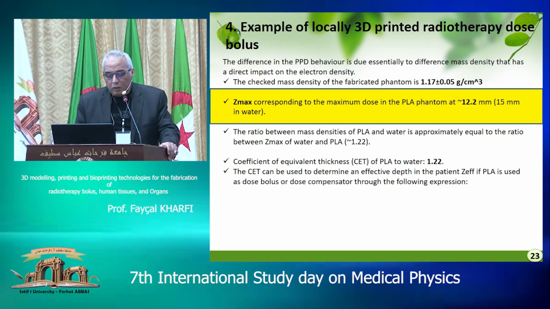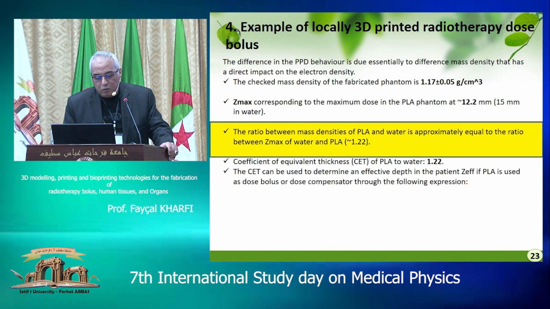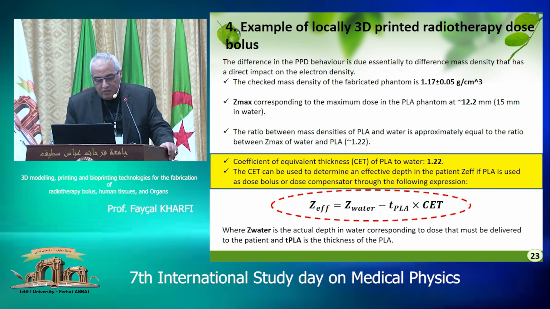We determined also the ratio between mass density of PLA and water, which is approximately equal to the ratio between Z max of water and PLA. It is equal to 1.22. And we determined also the coefficient of equivalent thickness of PLA, which is equal to the same ratio, 1.22.